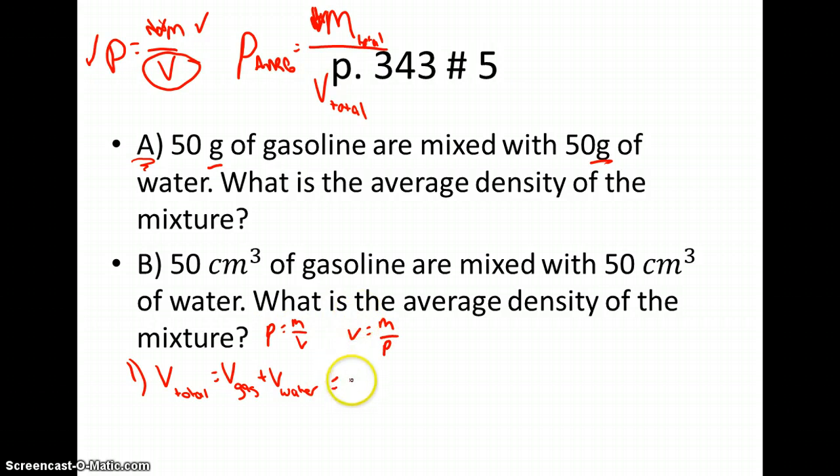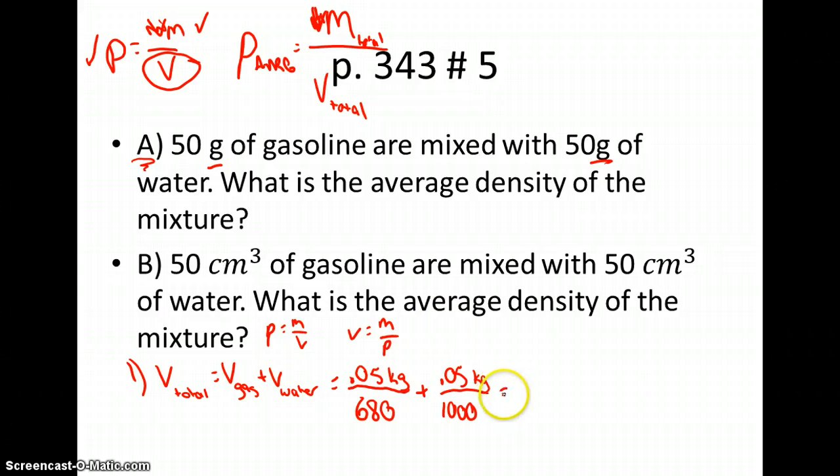And so I've got 0.05 kilograms of gasoline, when I do that gram to kilogram conversion. And the density of gasoline is 680 kilograms per meter cubed. And I'm going to add that to, I've also got 0.05 kilograms of water, and the density of water is 1,000 kilograms per meter cubed.